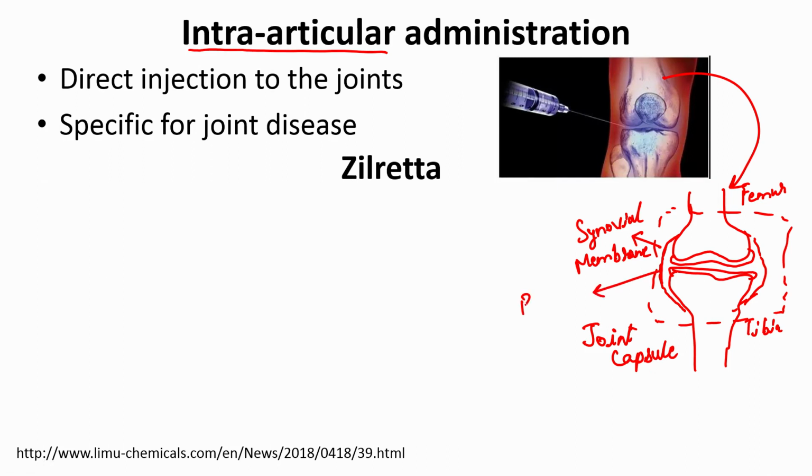So, lots and lots of blood vessels, and along with the blood vessels it also has a good lymphatic system. So, now if you inject anything in this joint space, that drug is going to get absorbed into the lymphatics, into these blood vessels, and get cleared out from the joint.